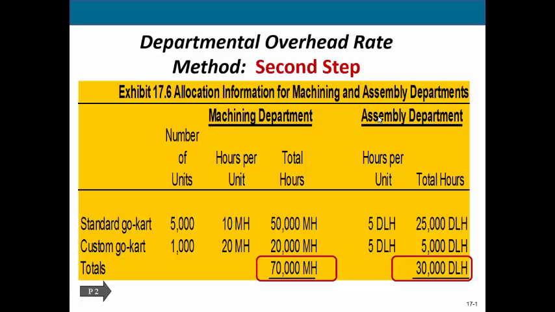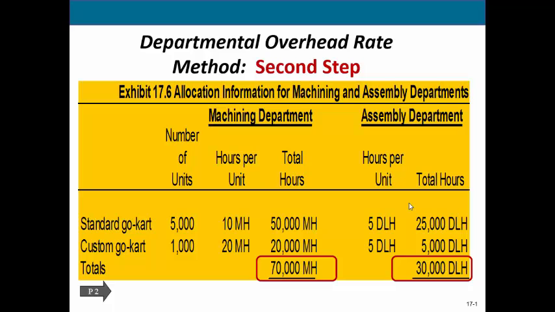So now our second step is to come up with the denominator in our departmental overhead rate. So we'll do that by using our cost driver, or whatever we have determined to be our allocation base. If you'll remember, for the machining department, we determined the driver to be machine hours, whereas in the assembly department, we're going to use direct labor hours.